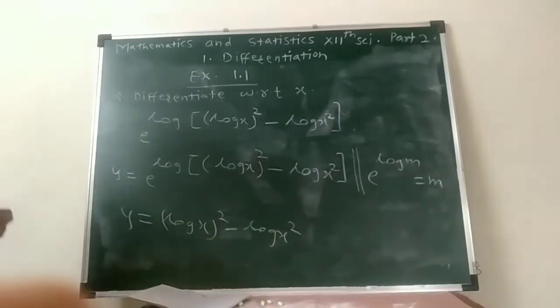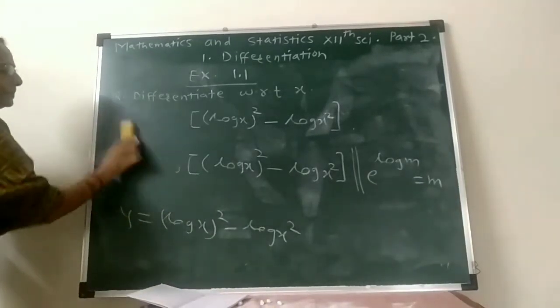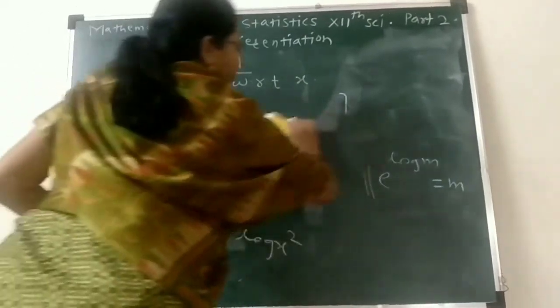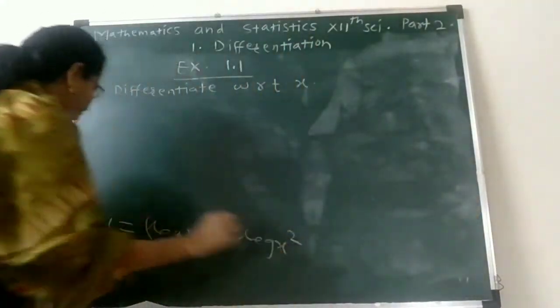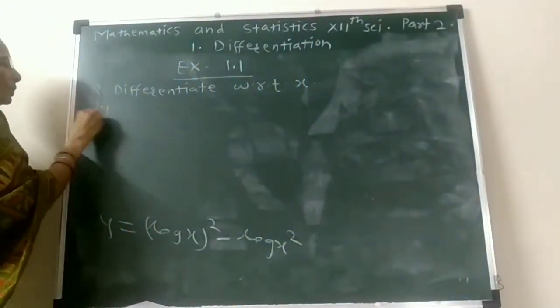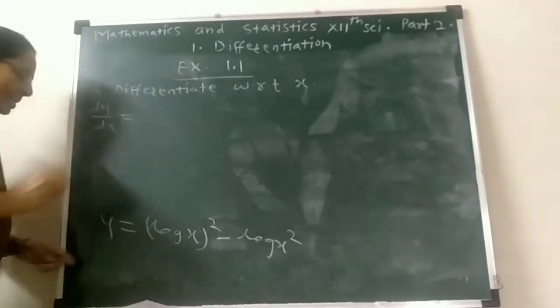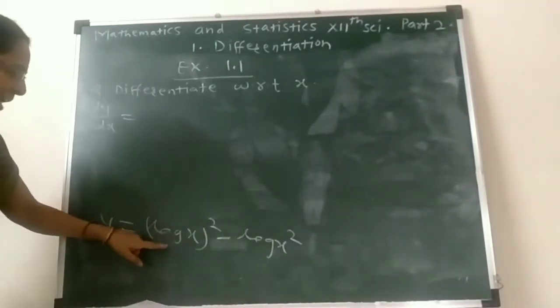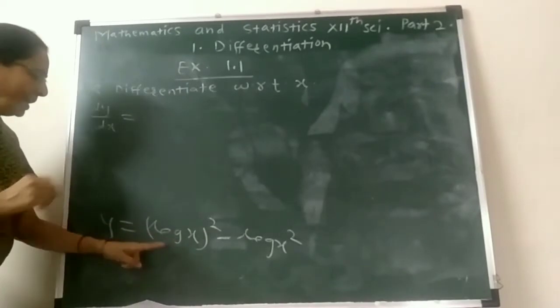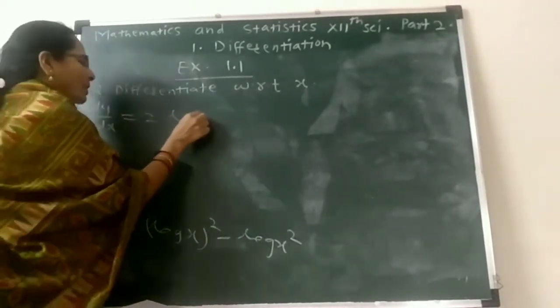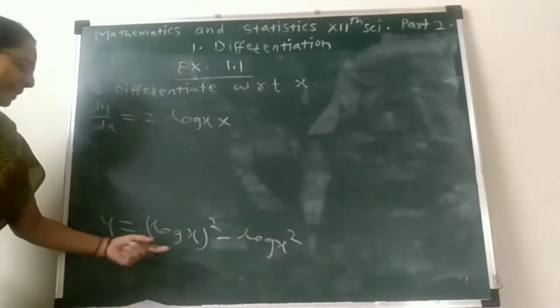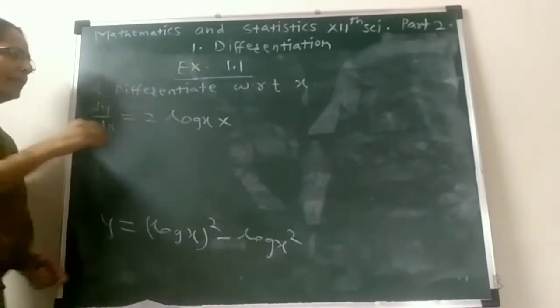Next we have to take the derivative respectively. So dy by dx is equal to, now this is x raised to n rule, 2 log x multiplied by the derivative of log x, which is 1 upon x.